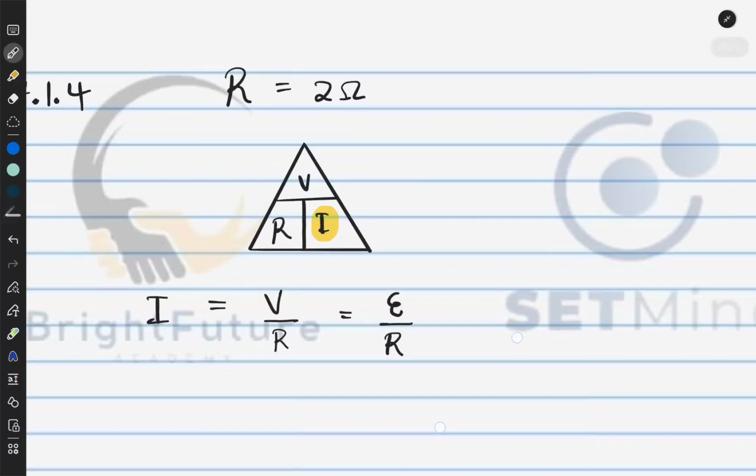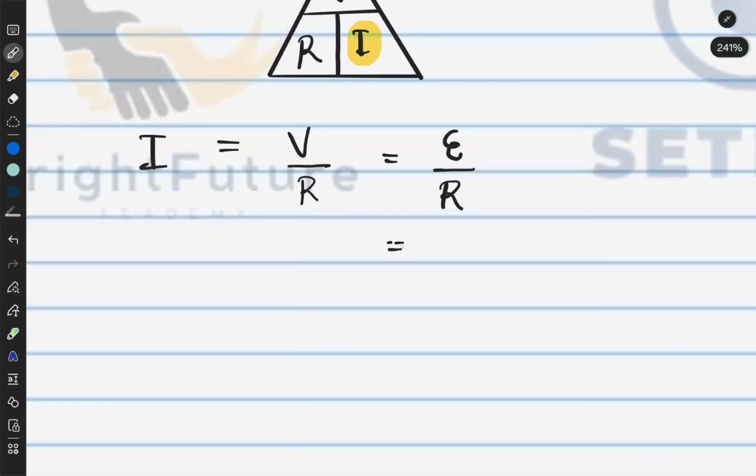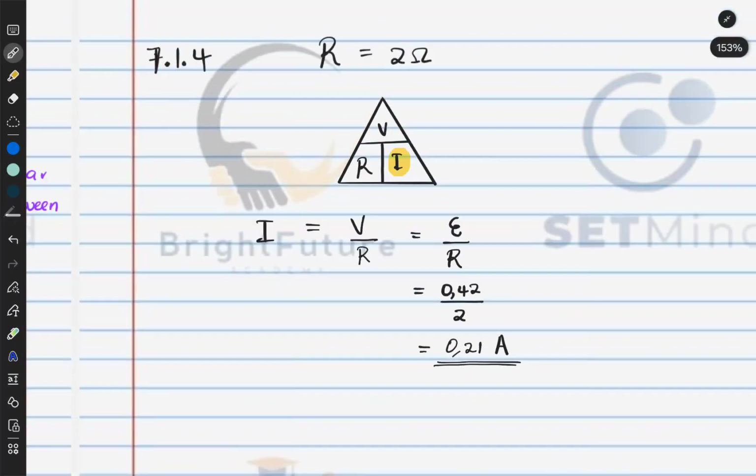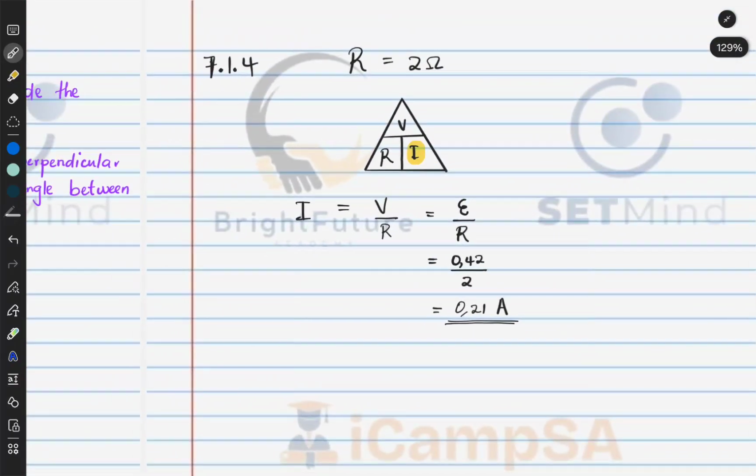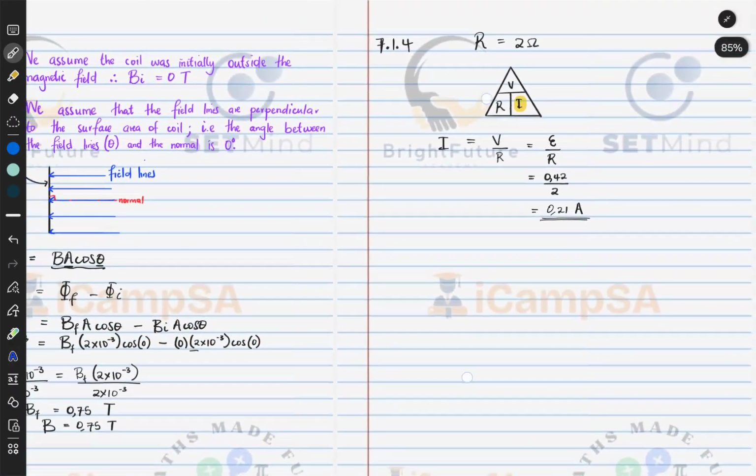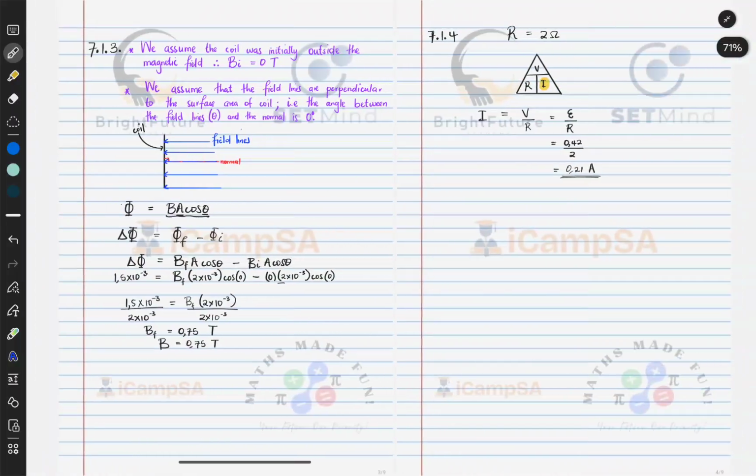That's our V. So from here, we can simply substitute our value. We have 0.42 over R, which is 2 ohms, and then this should be 0.21 amps, right? So that's how you would tackle 7.1.4. It's a simple Ohm's law question, right? They just integrated it into our electromagnetism chapter or problem.